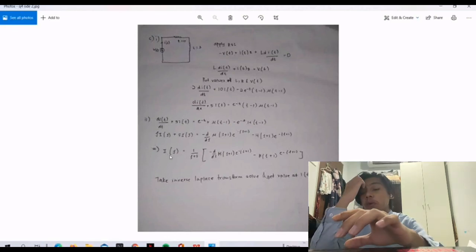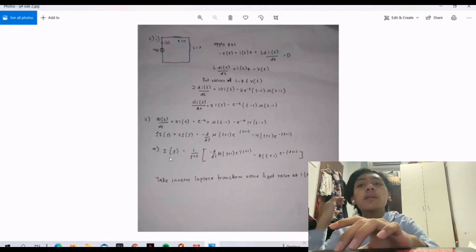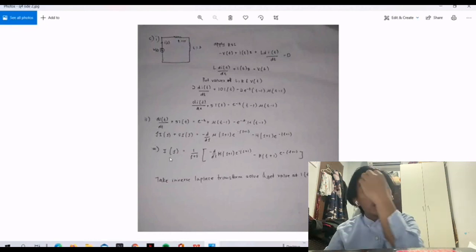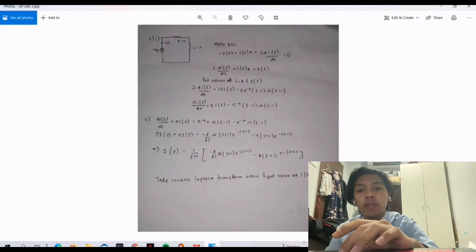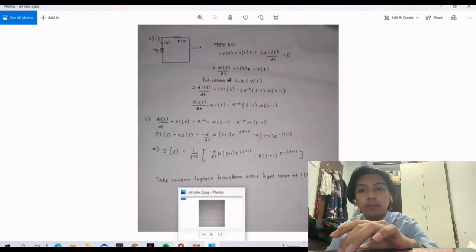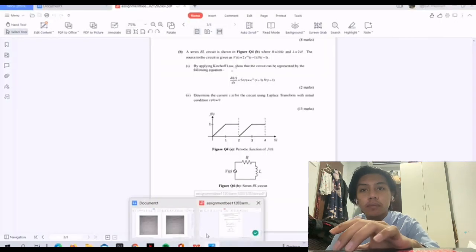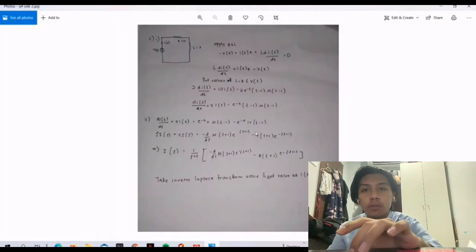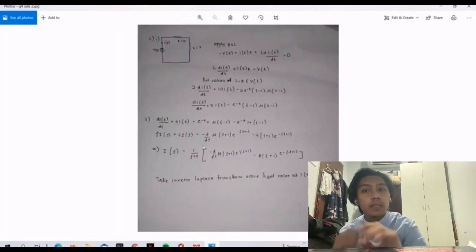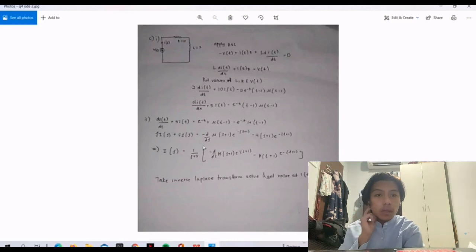We will get this answer. So we take the inverse Laplace transform to solve it, and then we will get the value of i(t) for the initial condition equal to 0, just like this. Alright, that is all.